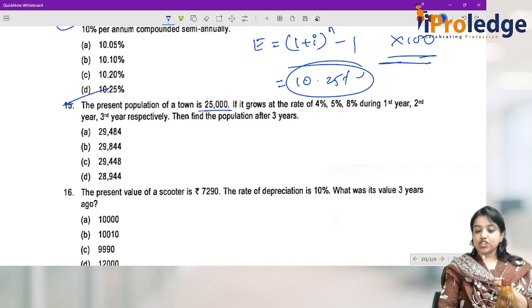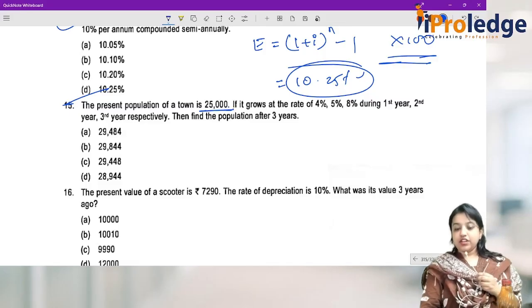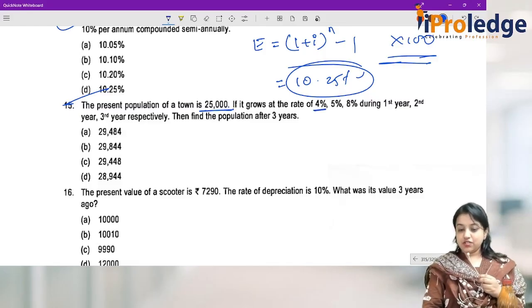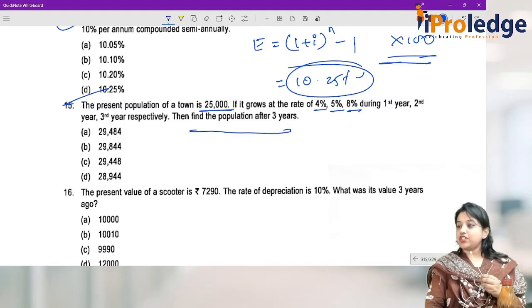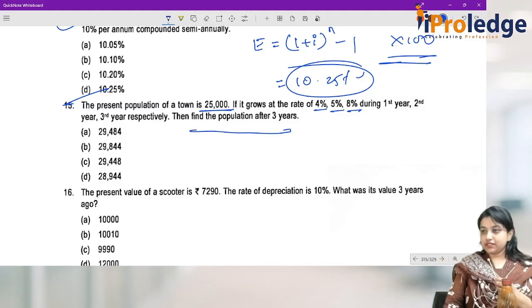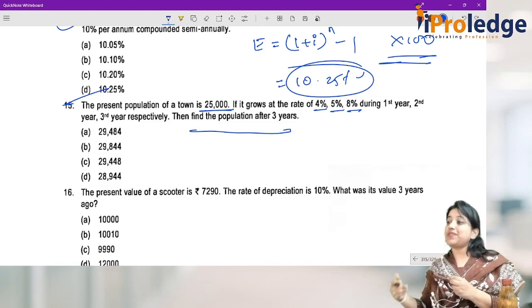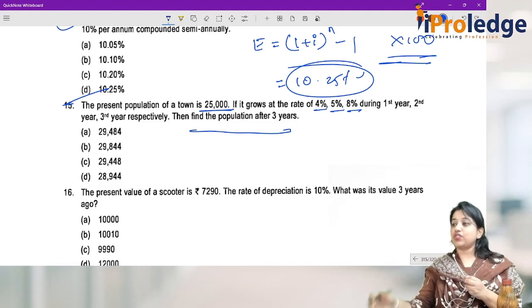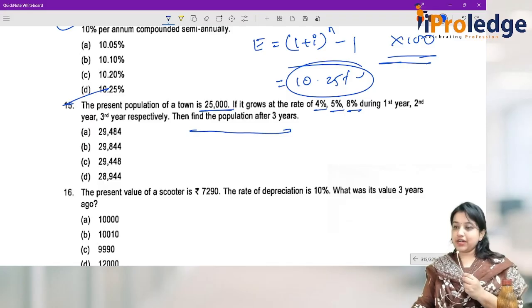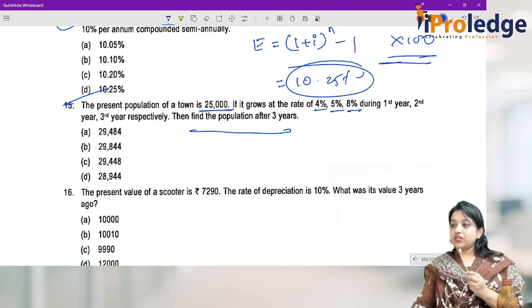Next, 15th one. Present population, how much is it? It grows first year how much? Second year? Third year? Find the population for the third year, and it's compound interest. So it's like depreciation, appreciation, which you have done. Do appreciation. First what to take? 25,000 plus 4%.